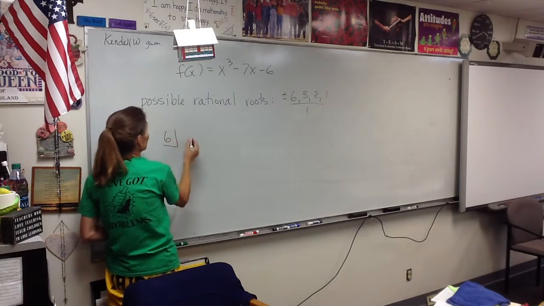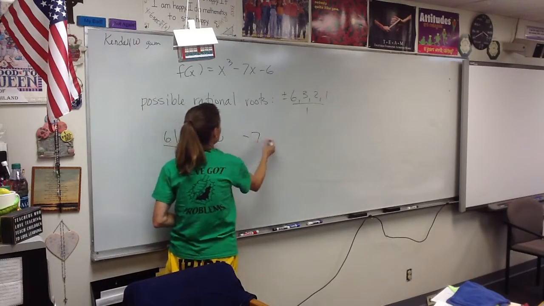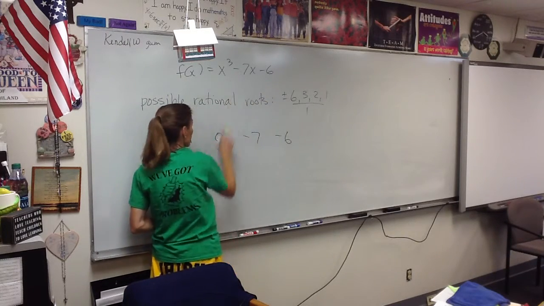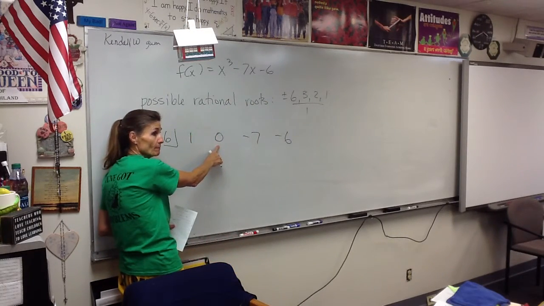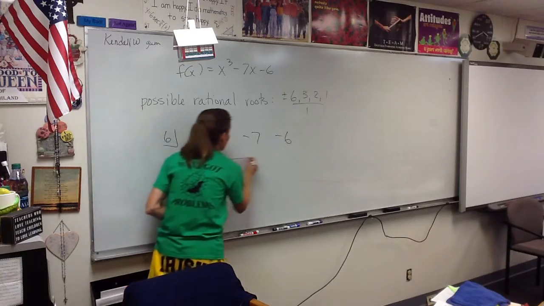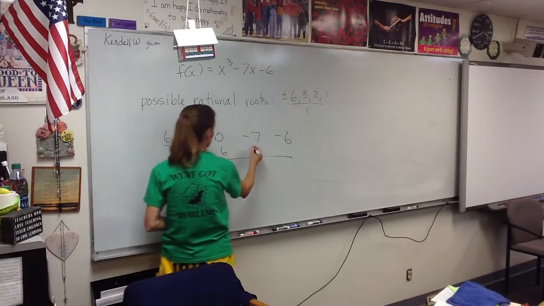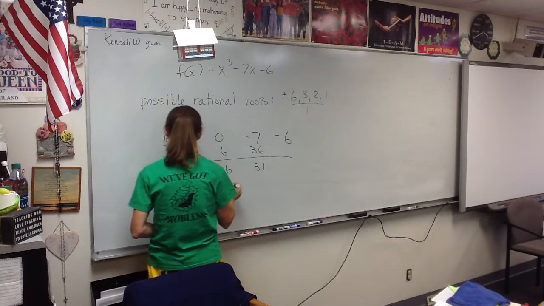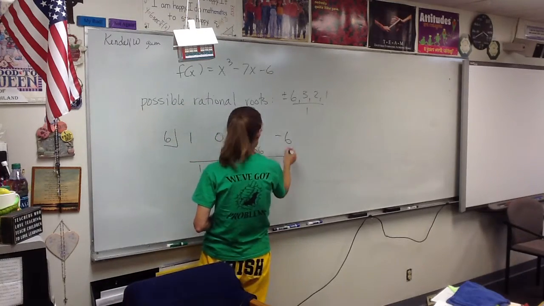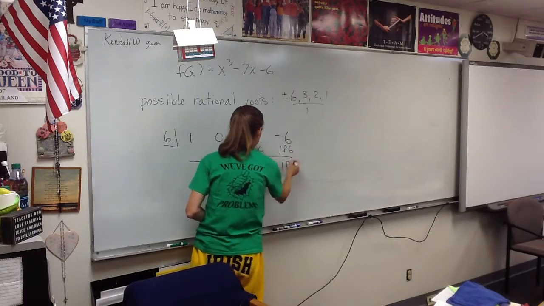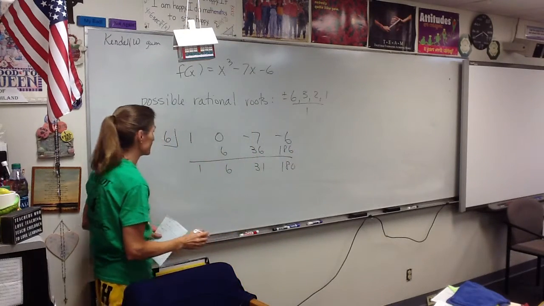If we were to divide 6 out, and notice I'm missing a squared, so I put a 0 in there. If I were to divide that 6 out, I don't know, those numbers got a little big on me. Does that look okay?